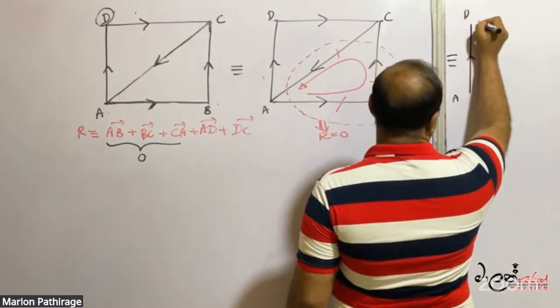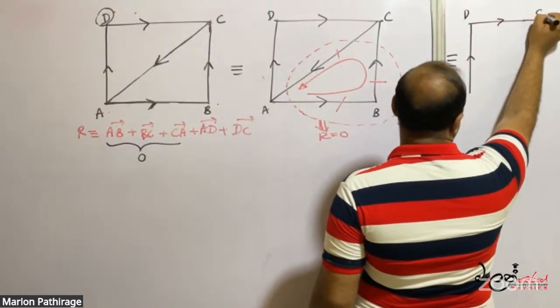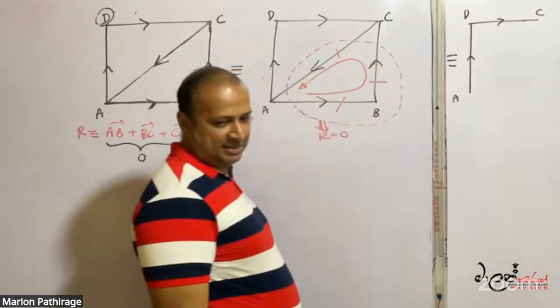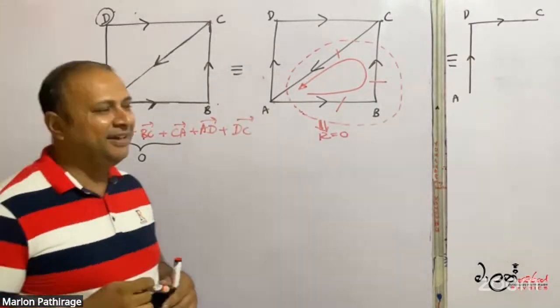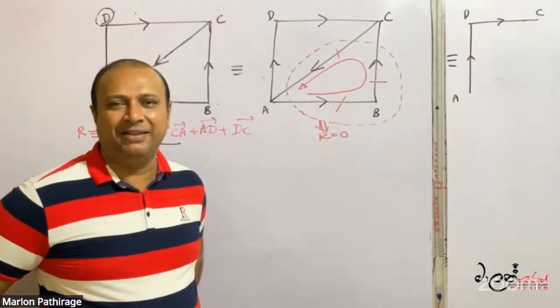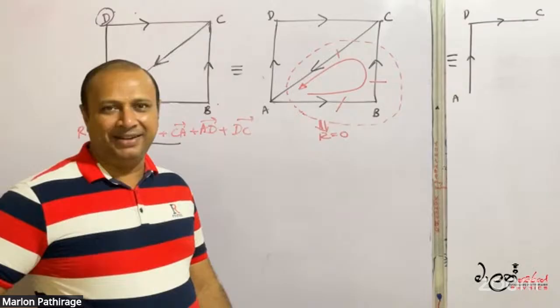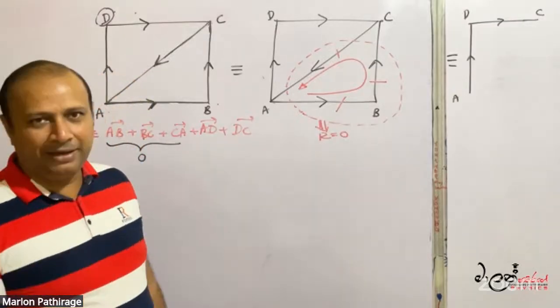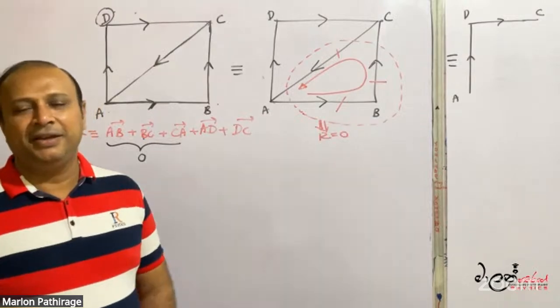AD and BC. Actually, now we can apply the vector triangle. Vector triangle means the vector addition principle, which we can use to reduce this into one single vector.